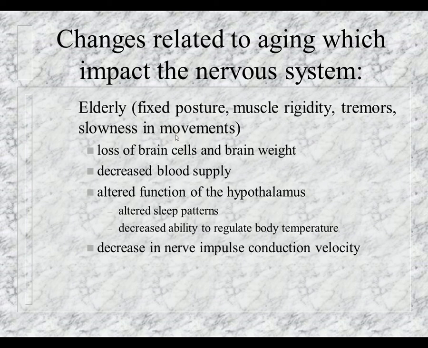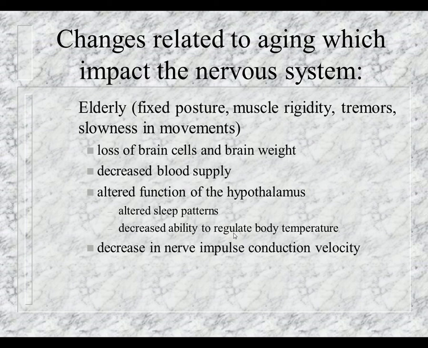Changes related to aging that affect the nervous system. The elderly, we've already talked about, they may have developed fixed postures, muscle rigidity, tremors, slowness in their movements. And a lot of that's because of loss of brain cells and brain weight. Yes, our brain shrinks as we get older. Decreased blood supply, altered function of the hypothalamus that results in altered sleep patterns, and decreased ability to regulate body temperature.